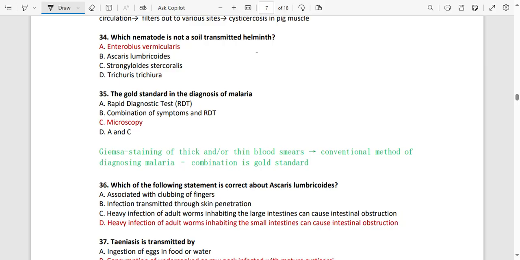Thank you so much. So that one is fecal oral. The gold standard for the diagnosis of malaria. So malaria, the gold standard is microscopy. So you are going to use the Giemsa stain, thick and thin blood smear. That's a conventional method.